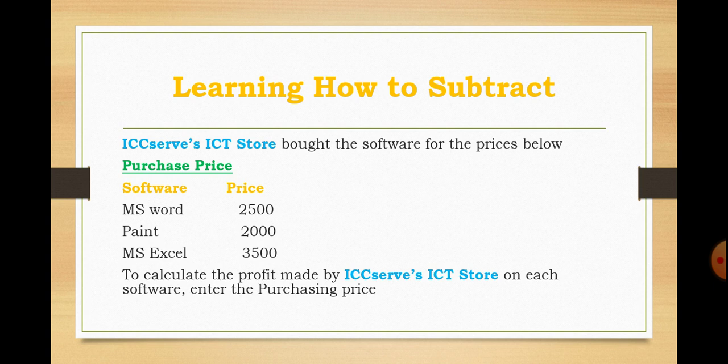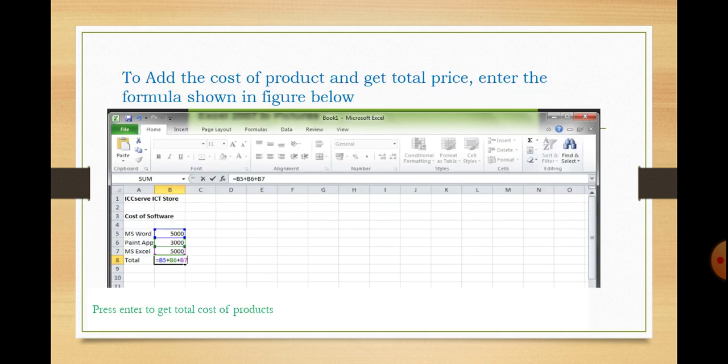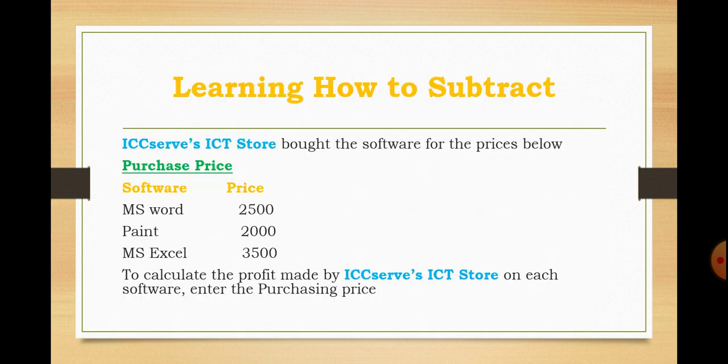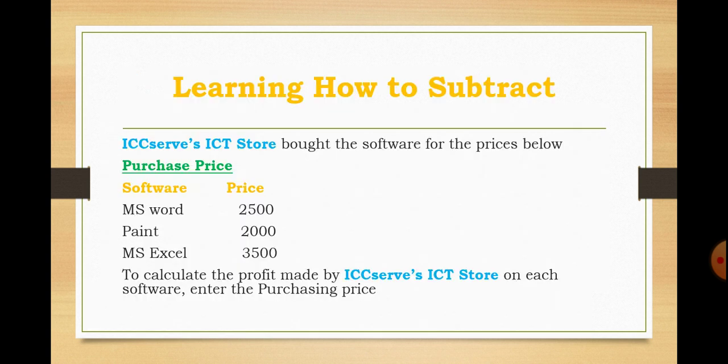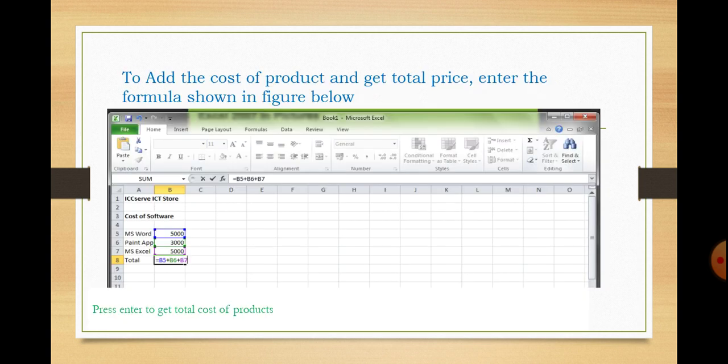ICC bought the Microsoft Word application from the Computer Village for 2,500 and sold for 5,000. ICC bought the Paint application for 2,000 naira and sold for 3,000 naira. ICC bought Microsoft Excel software for 3,500 and sold for 5,000.